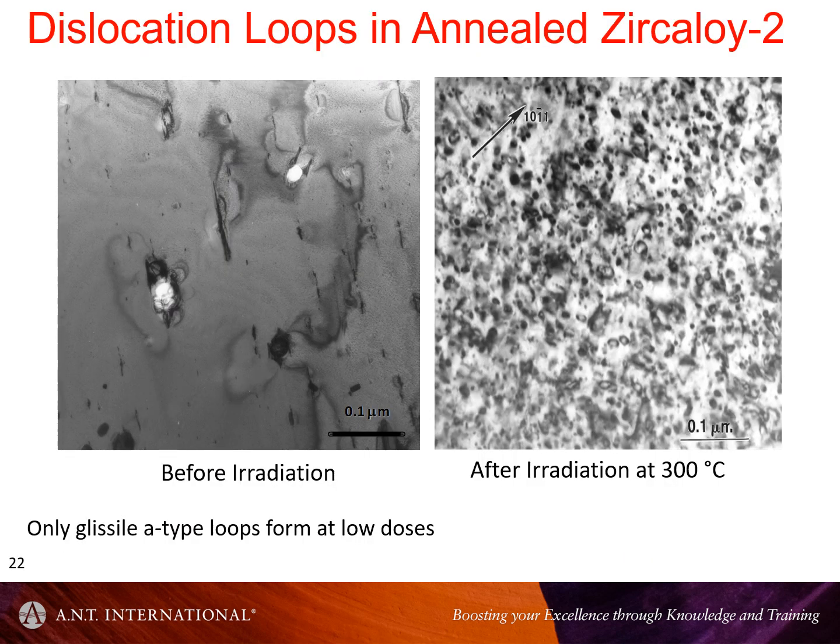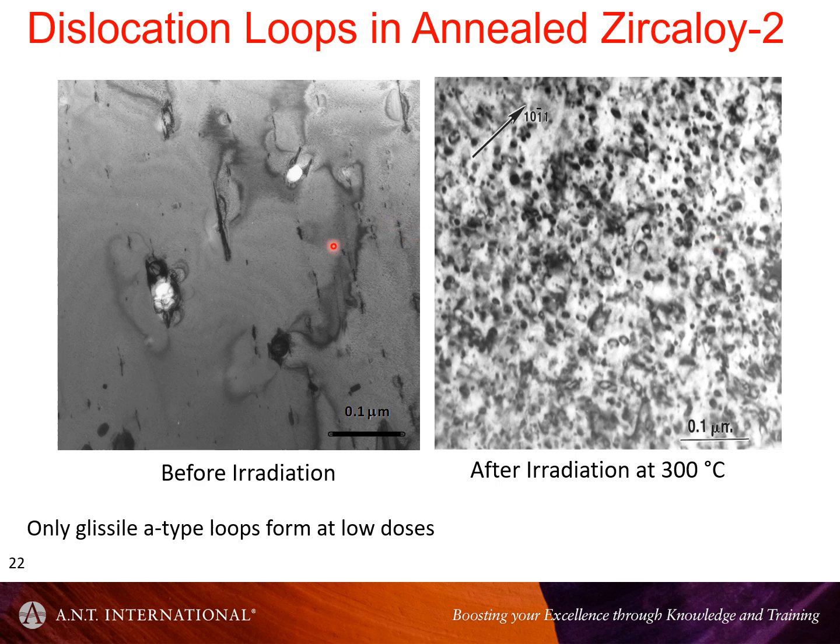I'm getting off target a little bit because I really want to talk about radiation damage. Here's an example to illustrate what radiation damage looks like when atoms are displaced. In lecture 1, I talked about displaced atoms, but I didn't talk about how they cluster together and form platelets, which are called dislocation loops.